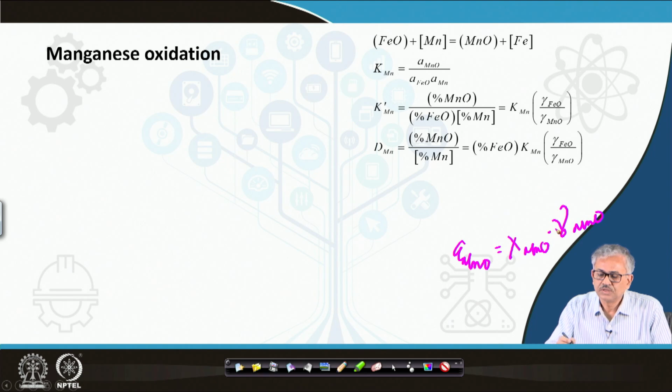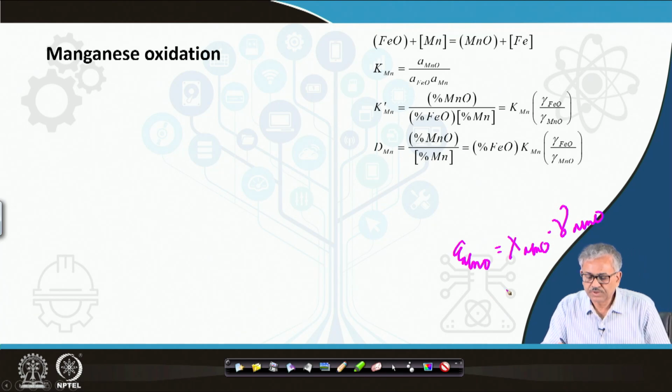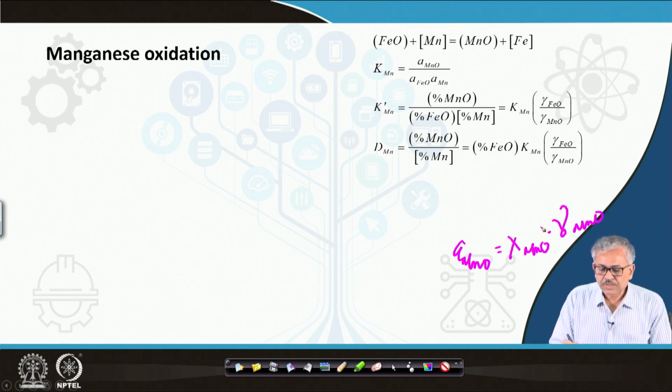like this. So, that way it is coming, and similarly your activity of FeO also, mole fraction of FeO and the gamma FeO, that way you can write, and then you can write this Kmn is this side. Okay.